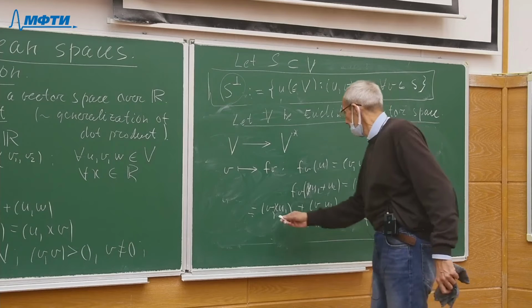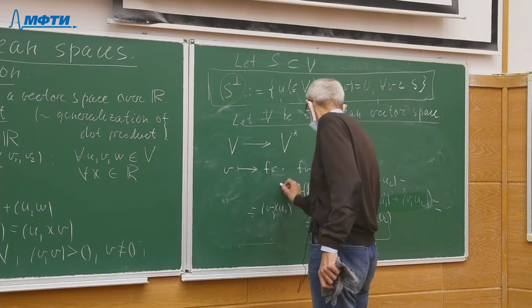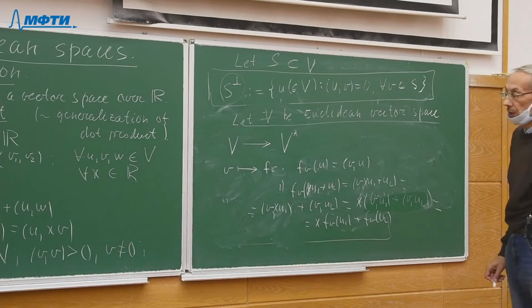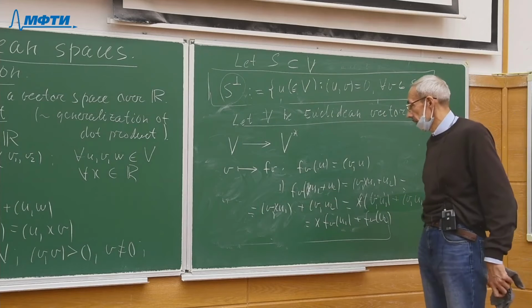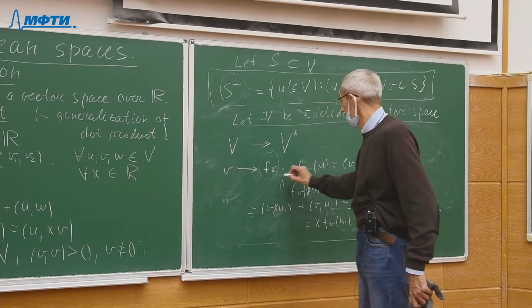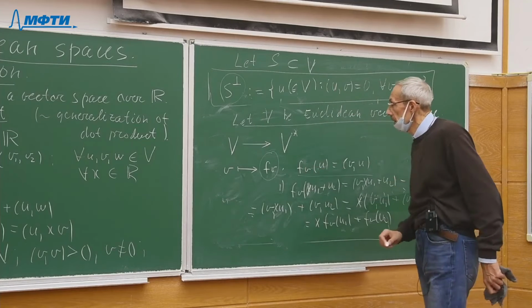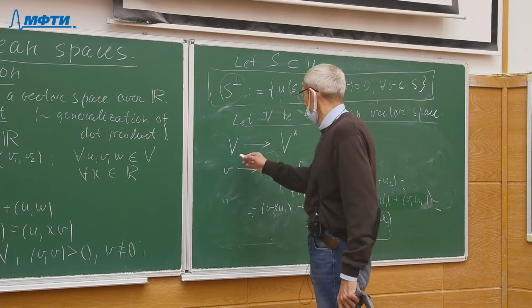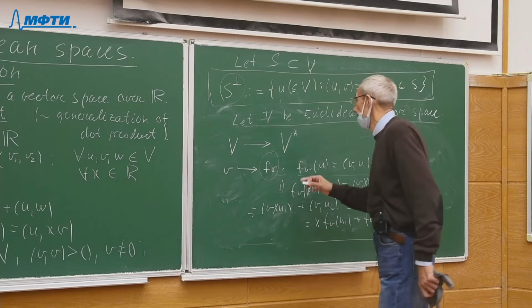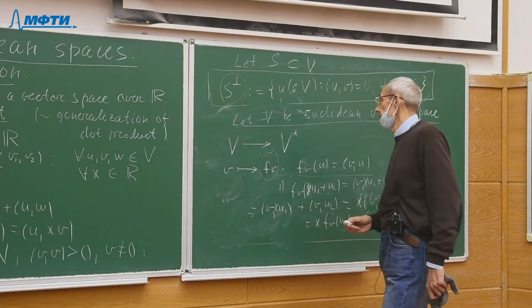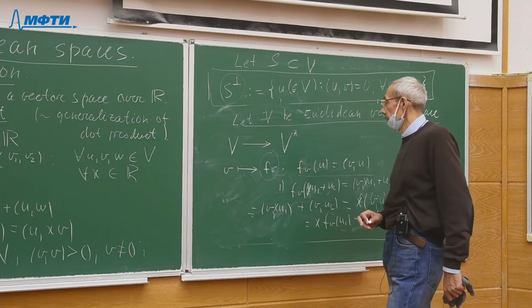And we checked the conditions which define a linear functional, so the functional defined by this formula is a linear functional, and we constructed a map from the vector space V to the dual vector space V star.